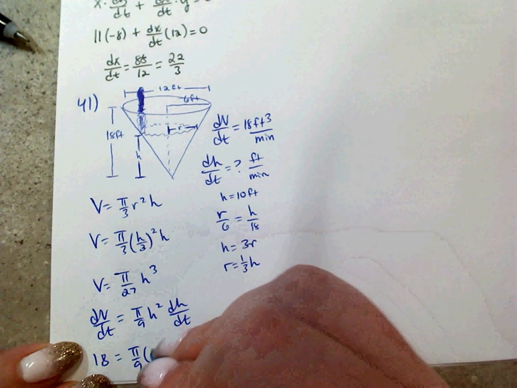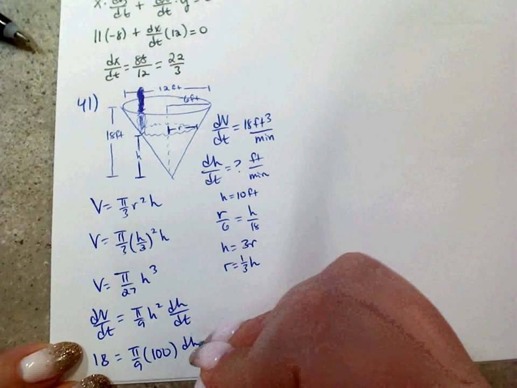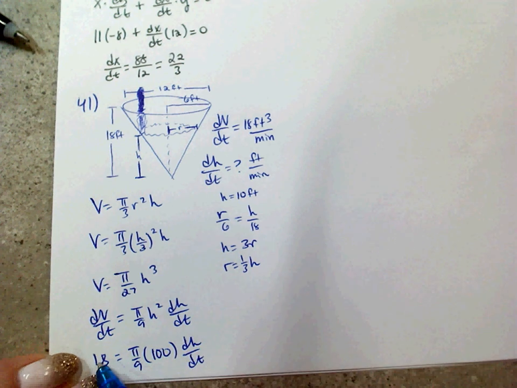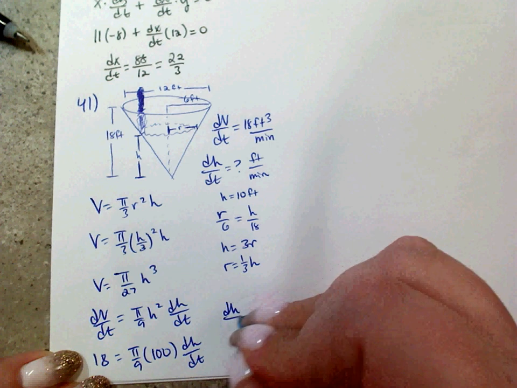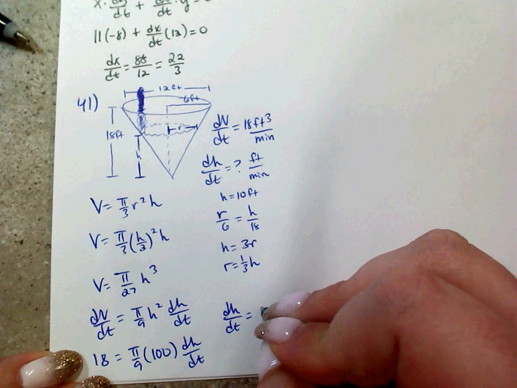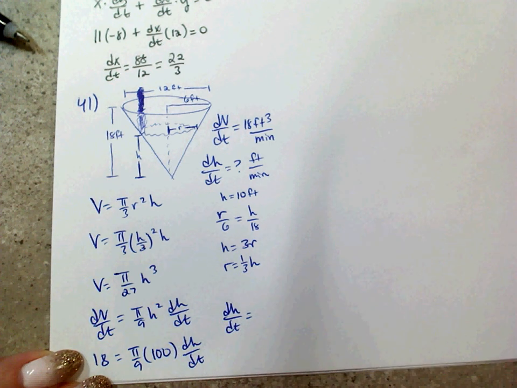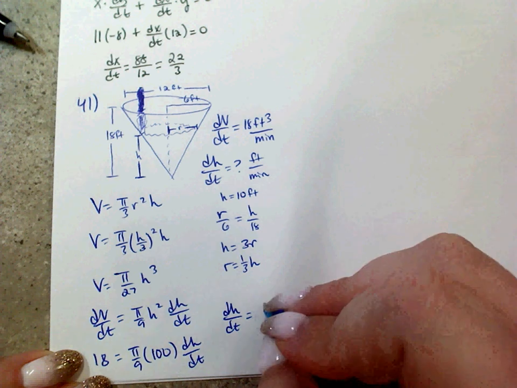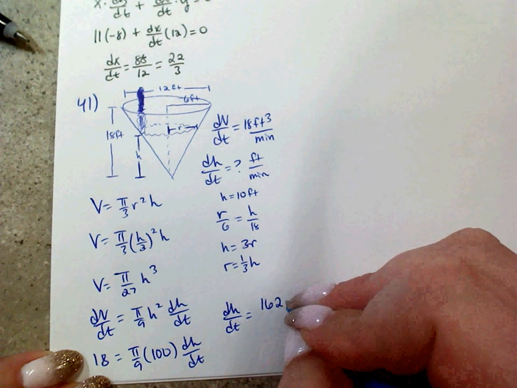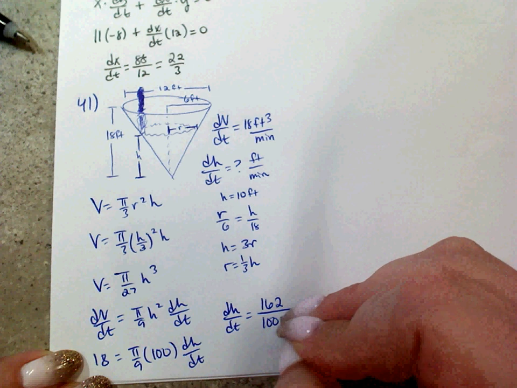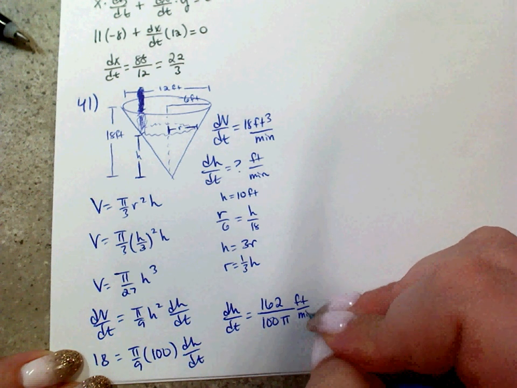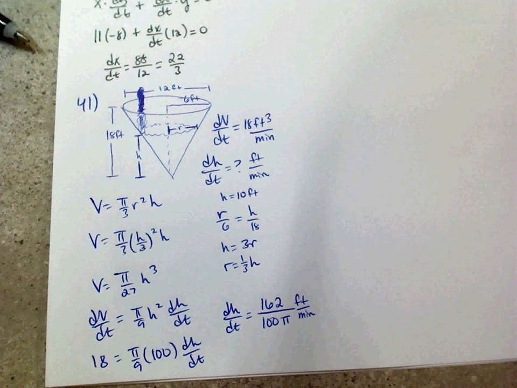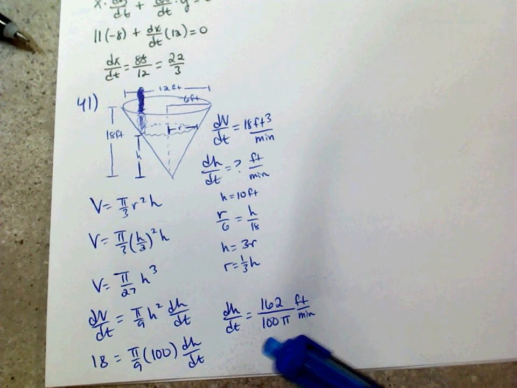So if I multiply by 9 and divide by 100 pi, then dH/dt equals 162 divided by 100 pi feet per minute. Obviously that simplifies to 81 over 50 pi. Okay, cool.